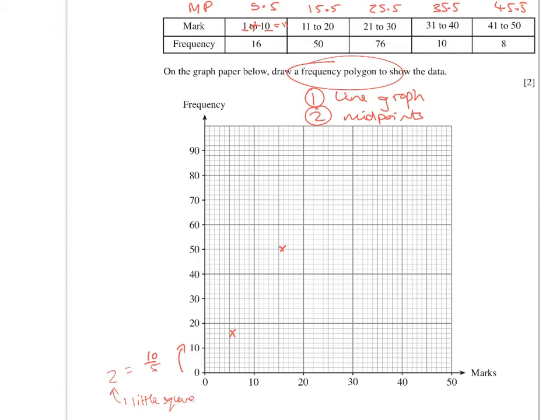The next one's 76 and 25.5, so on 25 there's 70, 72, 74, 76, and a tiny bit over, so there. Then 35.5, so I'm on 35 and 10, come a tiny little bit over. And then 45.5 and 8, so 1 down, because that would be 2 back. And then it's just a case of using your ruler to join up these points here.